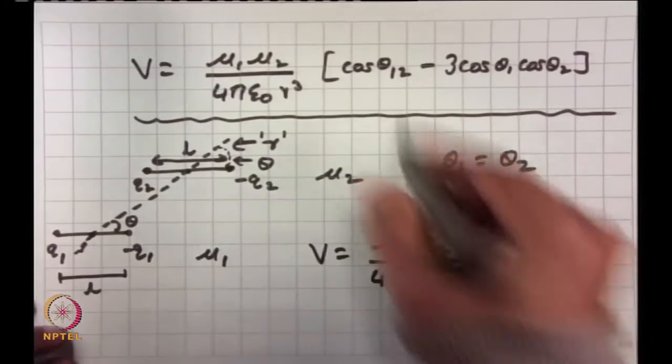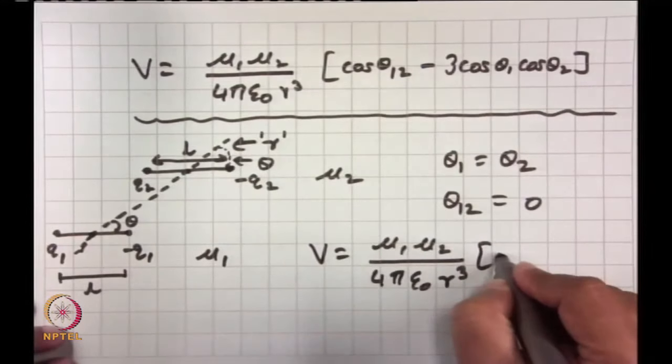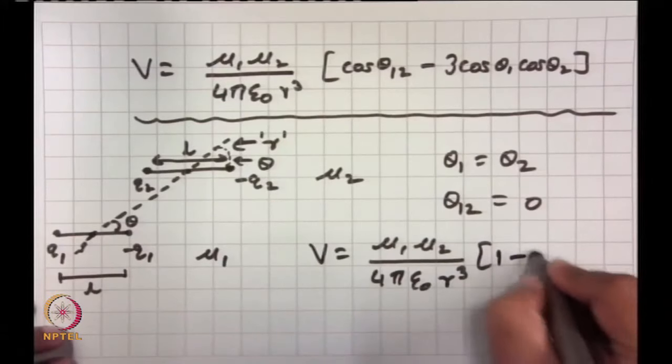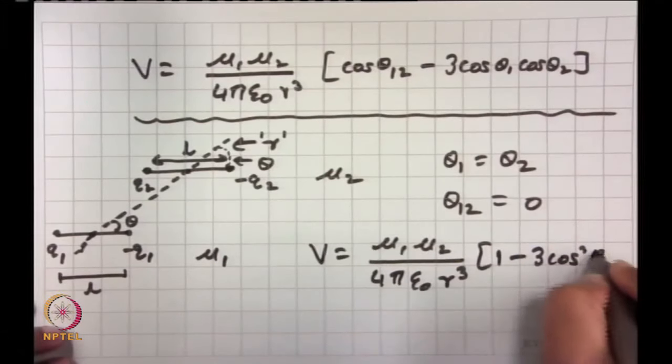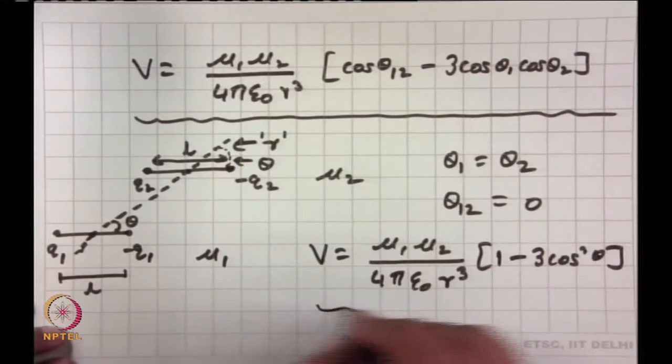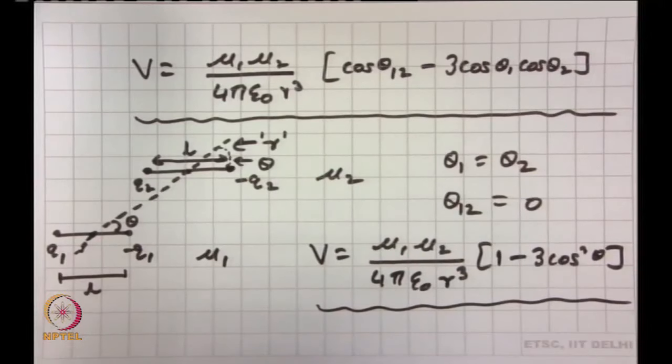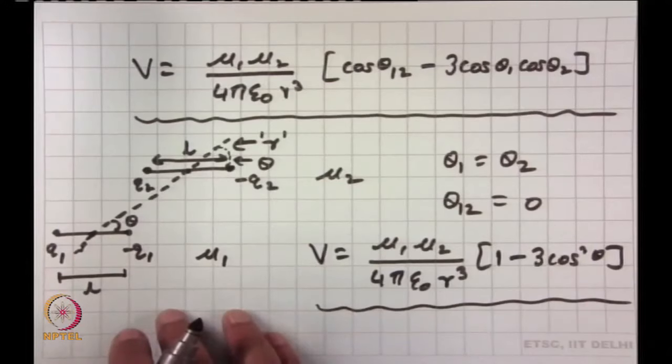Then what is my first term? Cos 0 is 1 minus 3 cosine square of theta. Have you ever seen an expression like this before? Where have you seen?